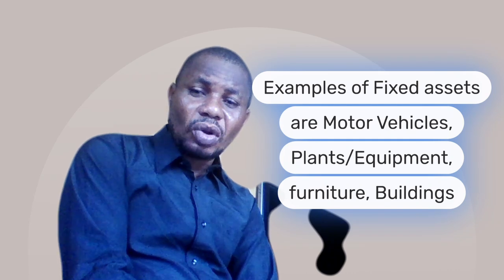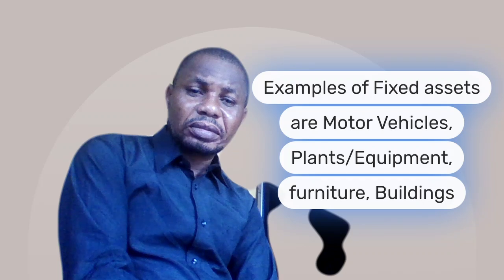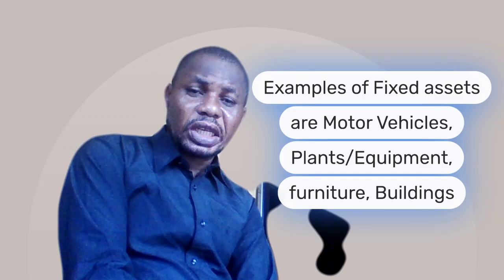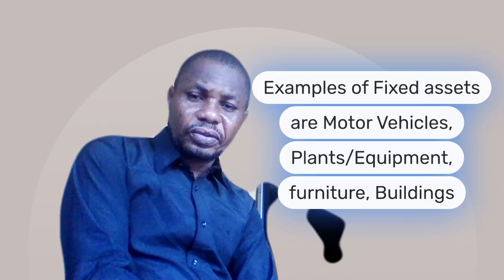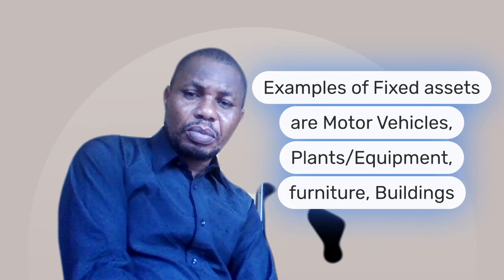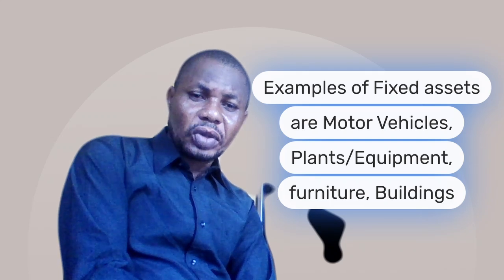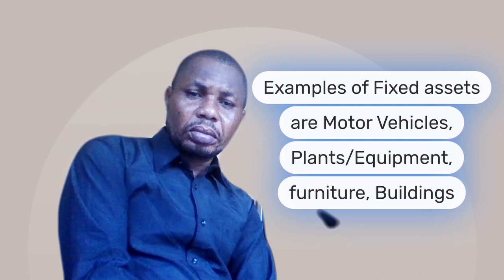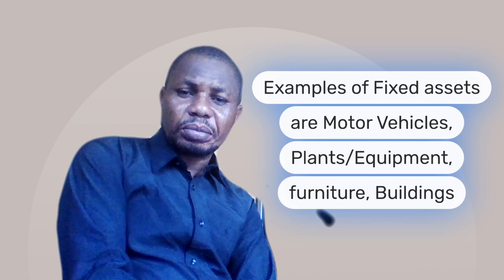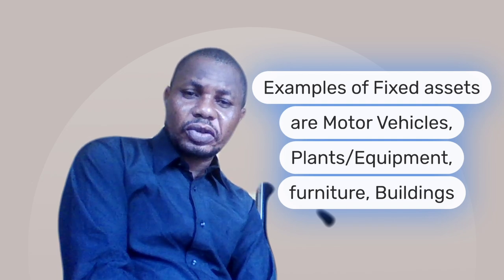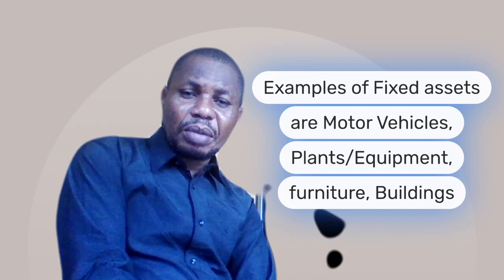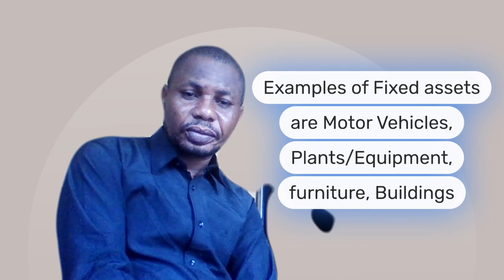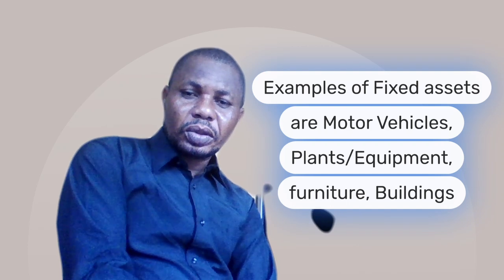They are written off because the amount involved in acquiring them is not much and they are handy enough. You can move them, they can be taken out anytime, unlike the motor vehicles, plants and equipment, furniture and buildings that you cannot move anyhow. Building in particular is not movable, but every other fixed asset can be moved, though they are not handy. So this is what we mean by fixed assets.